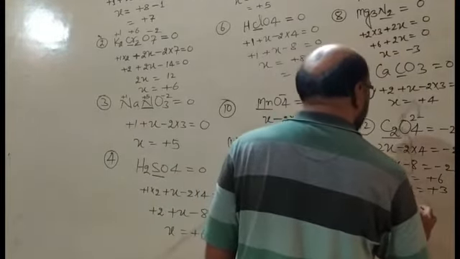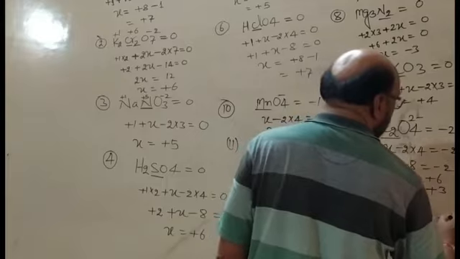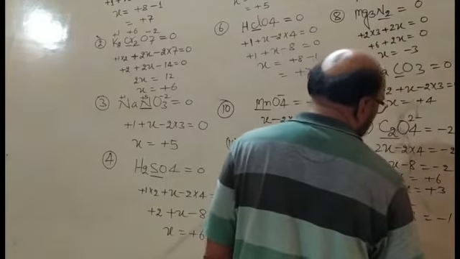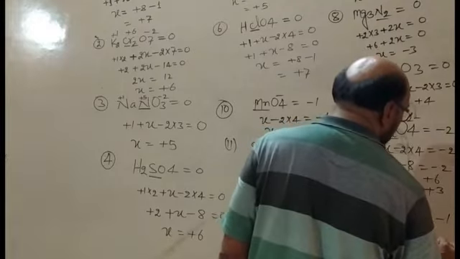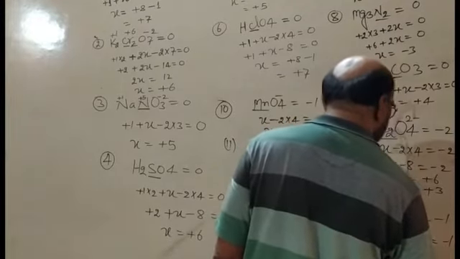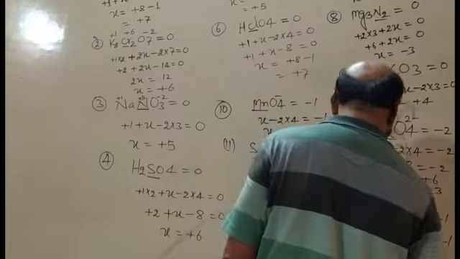Next one is NO3 minus is equal to minus 1. X minus 2 into 3 is equal to minus 1. X is equal to plus 5.